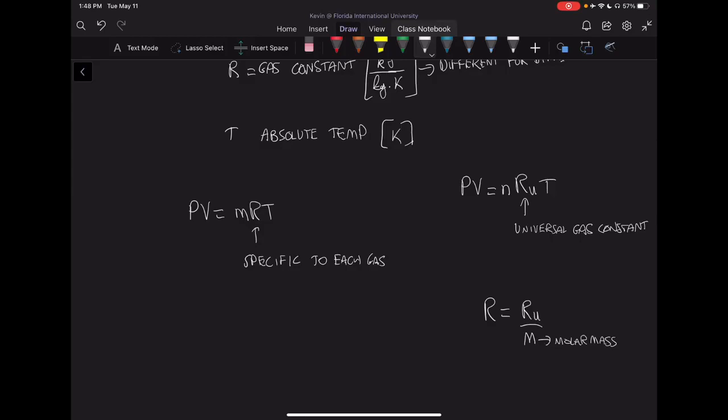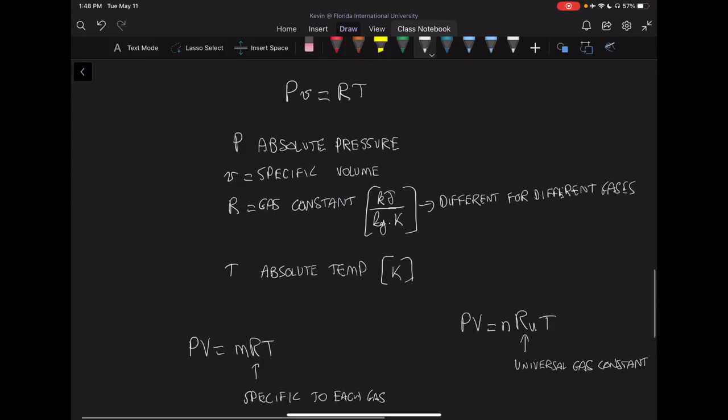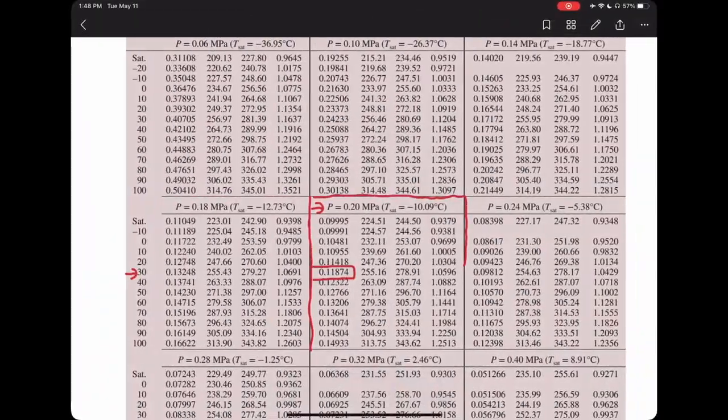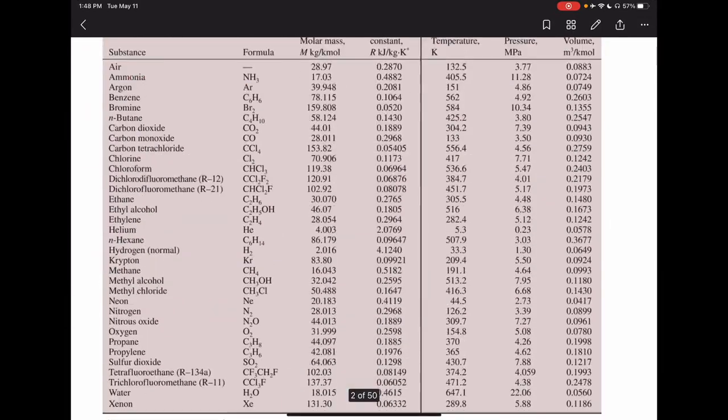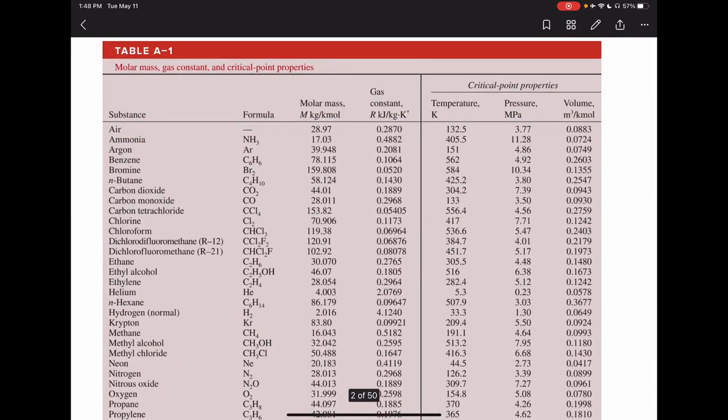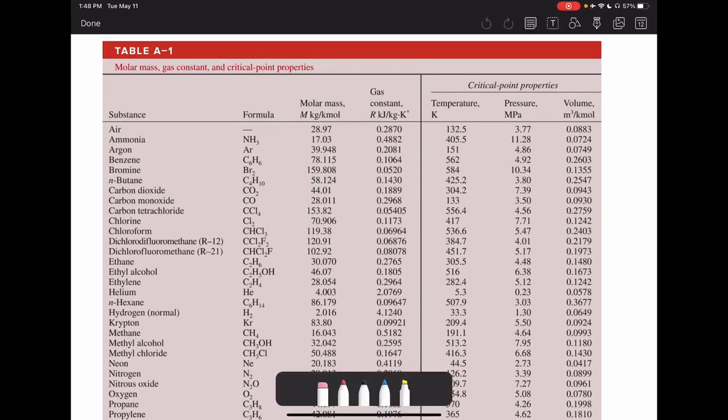But we're going to mostly use this first version of the equation at the top. And in our appendix, in appendix A1, we actually have values for the gas constant for different gases. So it makes it very easy. We can just find the gas constant for all the gases to the right of the red line. So that's going to be very useful.